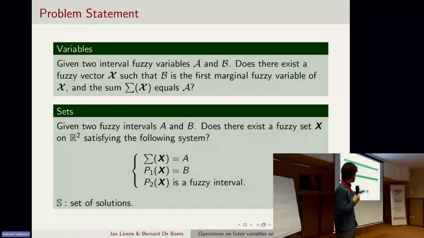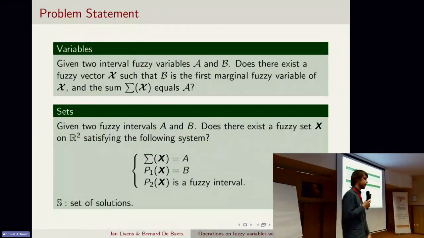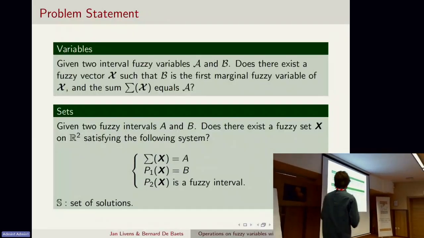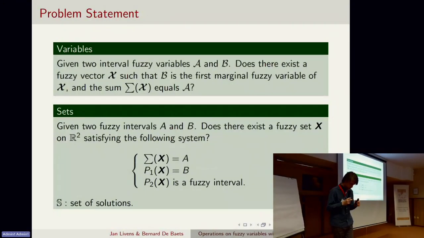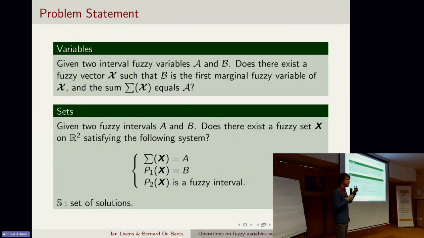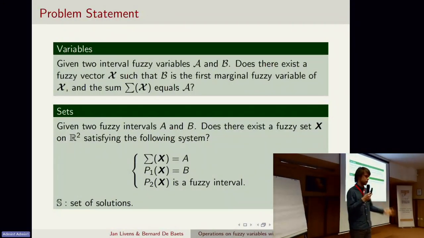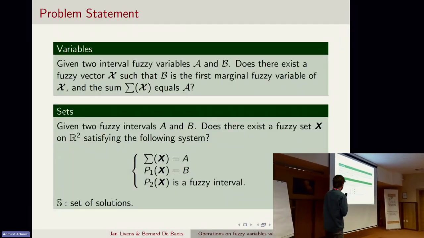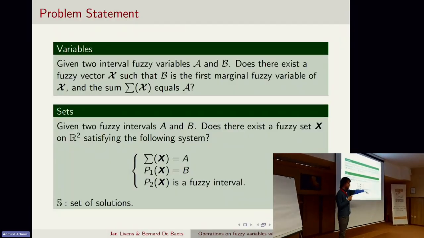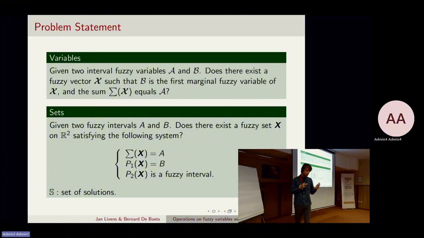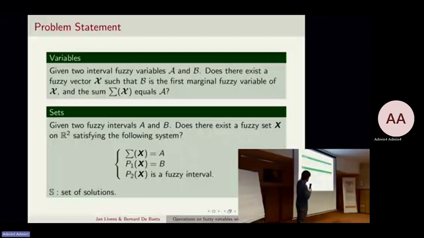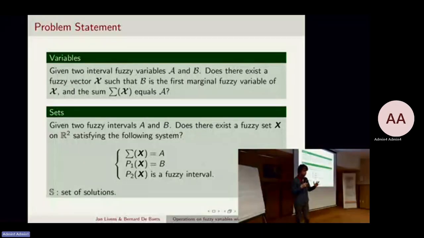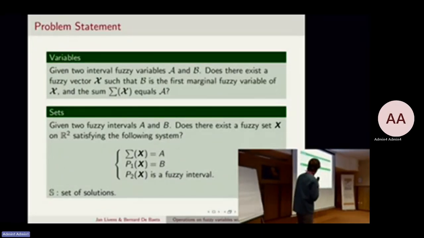And we look at the fuzzy set over R2, which is a two-dimensional fuzzy set, which satisfies the following system. First of all, the sum needs to be equal to our A, which in the example is the total number of fruits. The first marginal needs to be B, which can be the number of oranges. That's the main part of the system. The third condition is more of a technical condition.